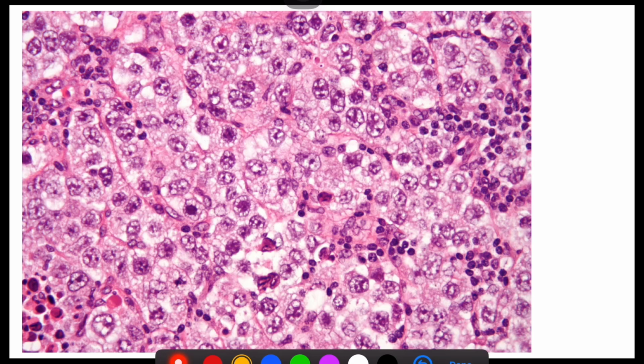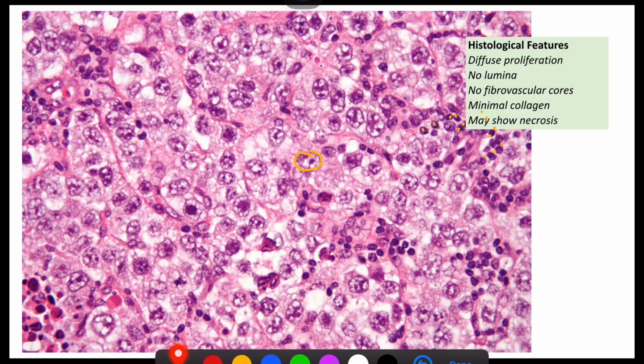So here also you can identify these are the tumor cells having no organizing or any identifiable pattern, and cells are arranged in a sheet pattern, and in between you can identify small lymphocytes. So these are the tumor cells and these are the lymphocytes.